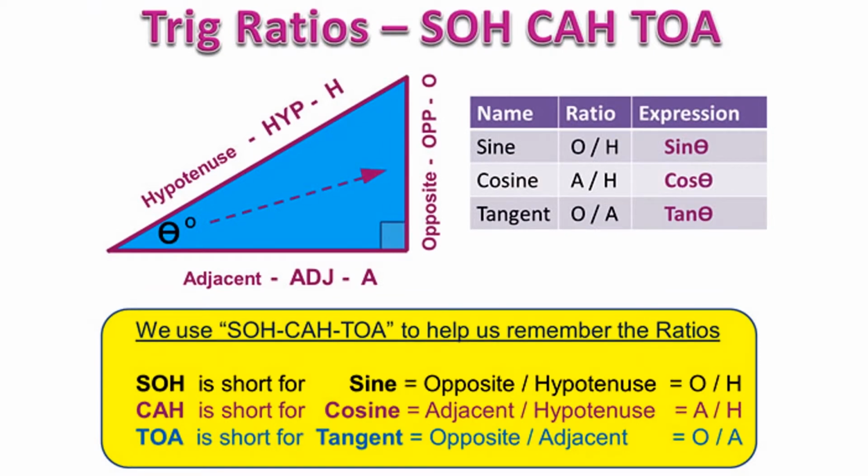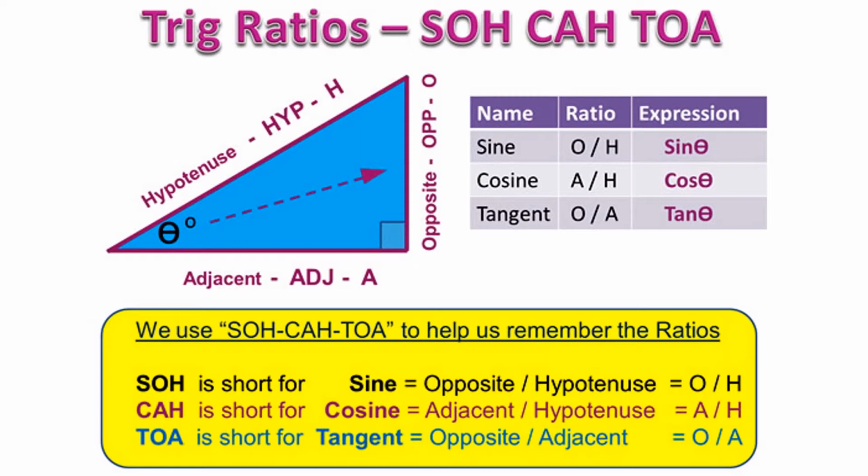Now, let us fill in the box. Opposite side upon hypotenuse is named sine, and the expression is sine theta. It is already given the name by the mathematician, so you cannot change the names.